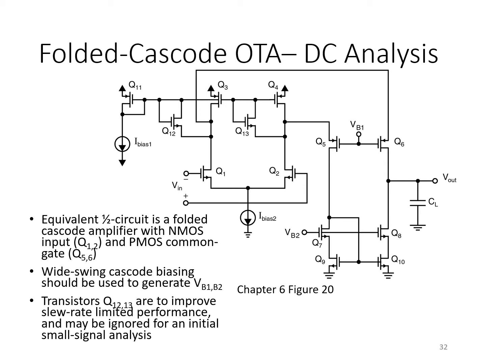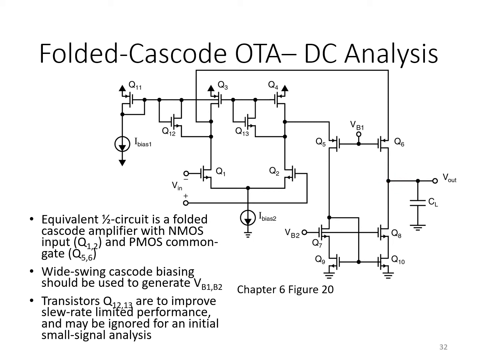Strictly speaking, because of the active load current mirror, this circuit is not perfectly symmetric, but we could think of a sort of equivalent half circuit. Clearly it would be a folded cascode formed by Q1 and Q6 driving the output node here.